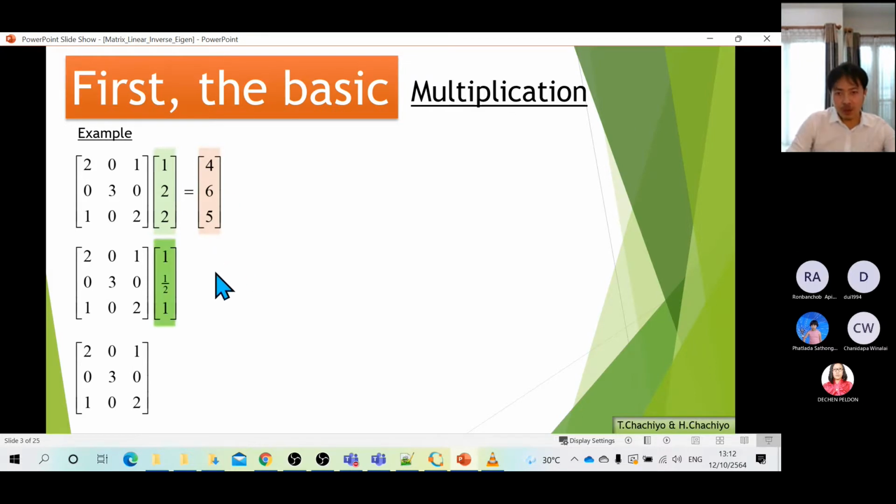What if I have another vector like 1, 1 half, and 1? Multiply them, just imagine you take this out, then you rotate the green vector and then couple with the matrix row by row, you add them and you get that result: 3, 3 half, and 3.